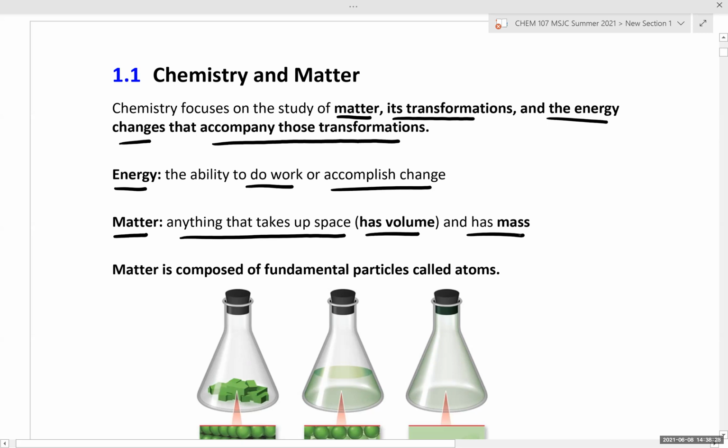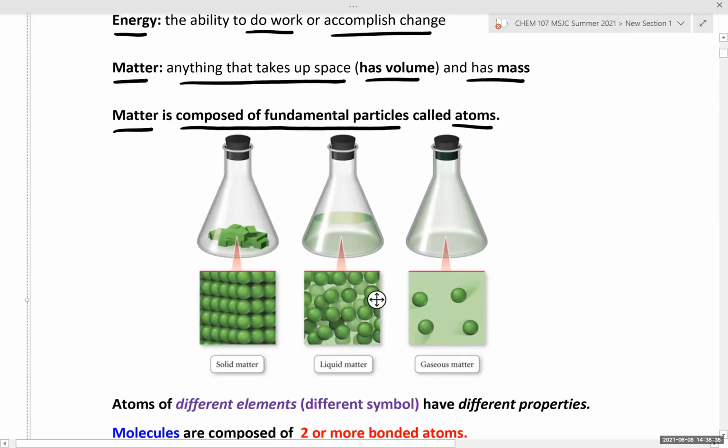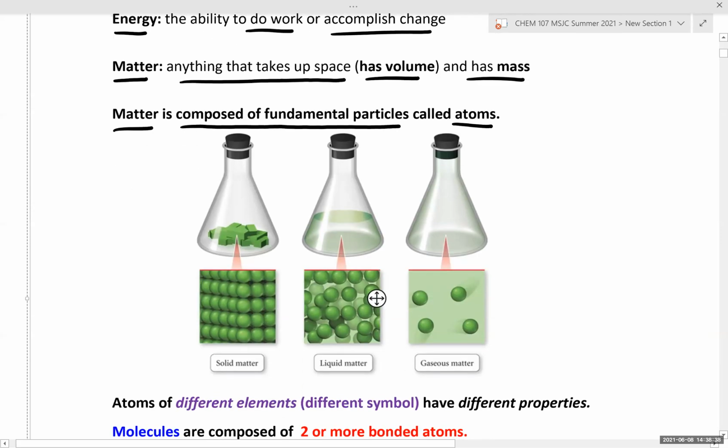We can describe matter as being composed of fundamental particles called atoms. So when we view solid, liquid, and gaseous matter, the various components of the world around us, as chemists, we really think about matter as a collection of smaller particles known as atoms.